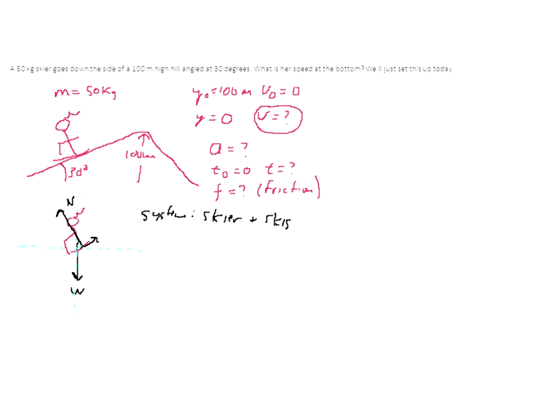So if we set up our traditional axis like this, where we've got a horizontal x-axis and a vertical y-axis, notice that only one of the forces shows up on here.